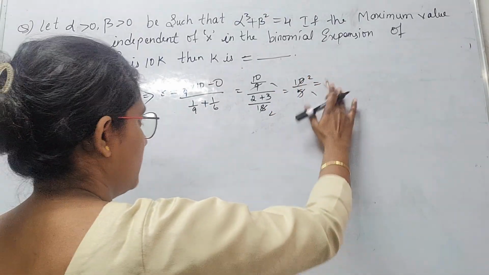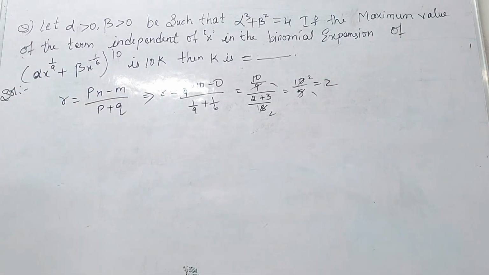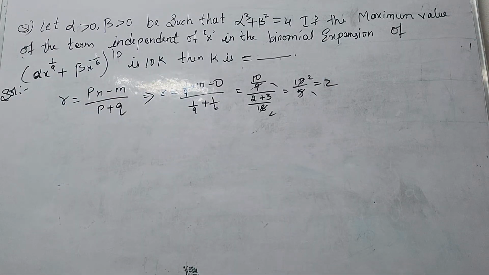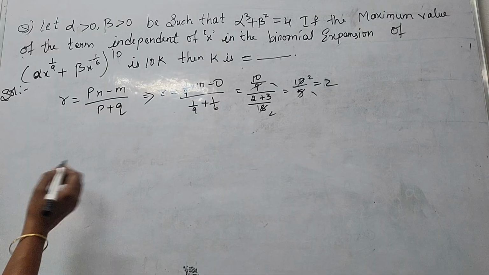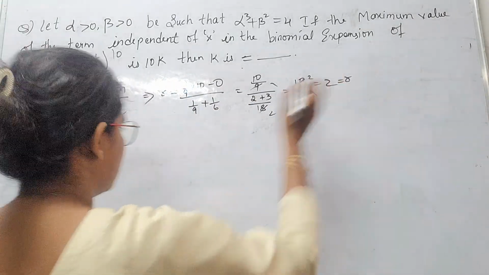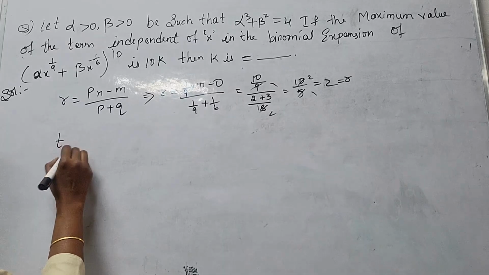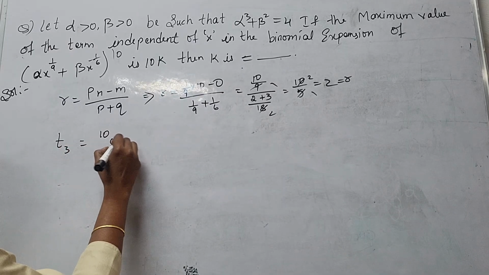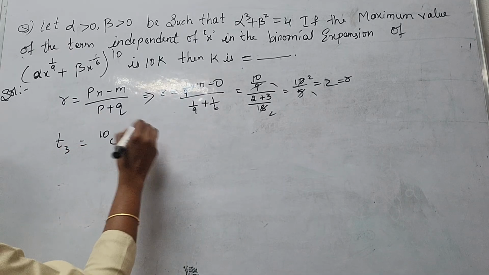r is equal to how much? 2. Okay. So r is equal to 2, that means the third term becomes independent of x. So here I'll substitute the r value, r equals 2. Now T3 is equal to 10C2, first term alpha.